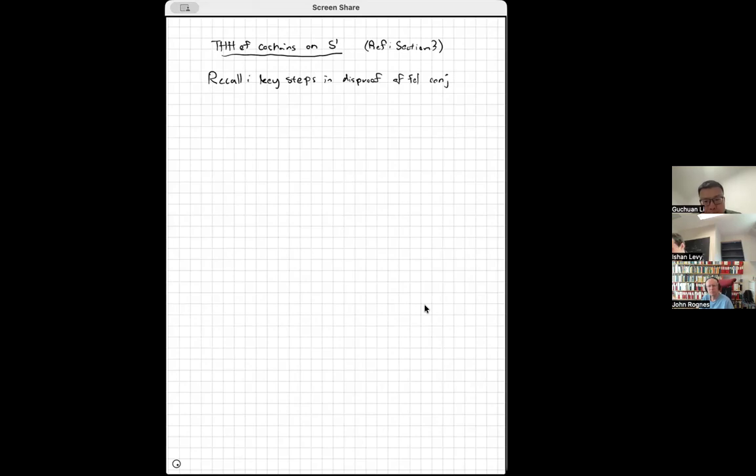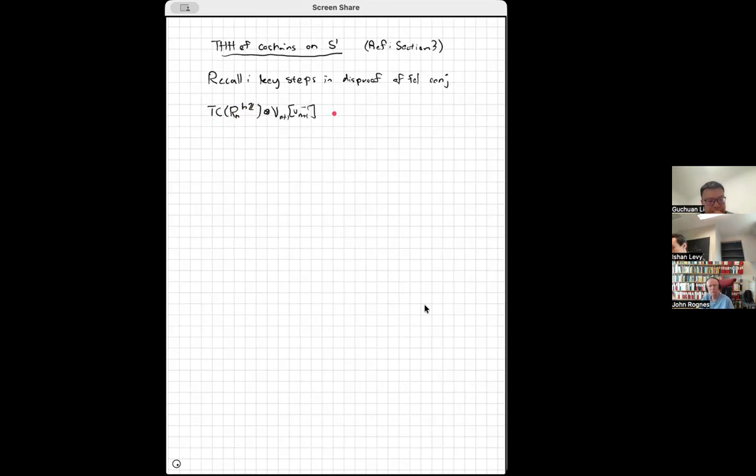It was the following square. There's this object which is TC of some ring spectrum, something like BPN, and you took the fixed points of it by some automorphism, some Adams operation, and you can tensor it with a type n+1 telescope.